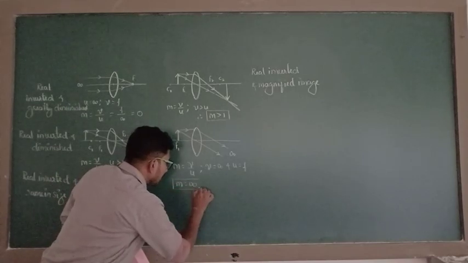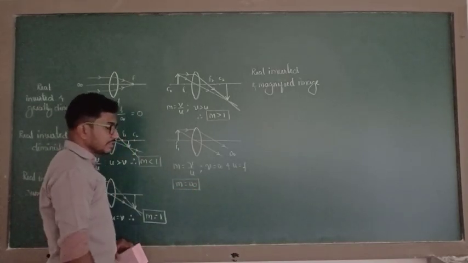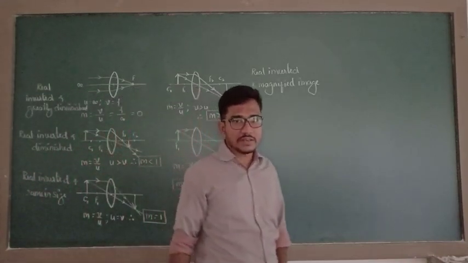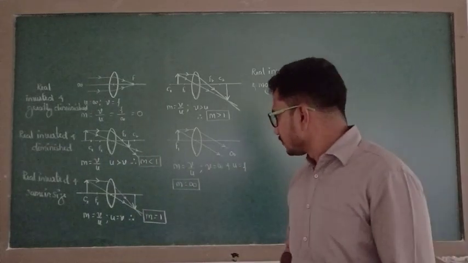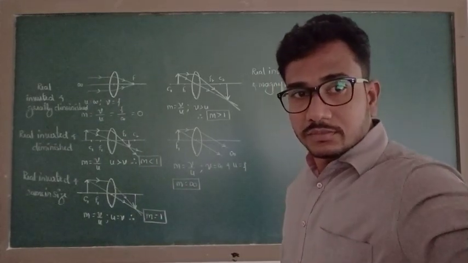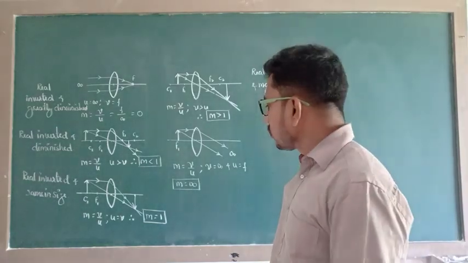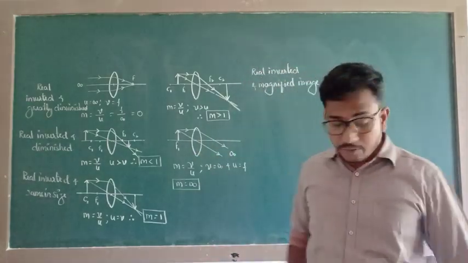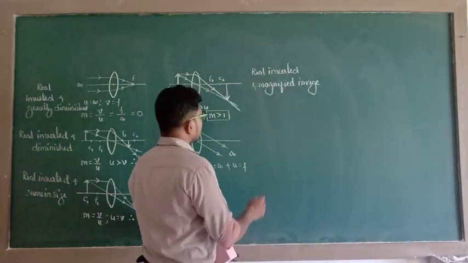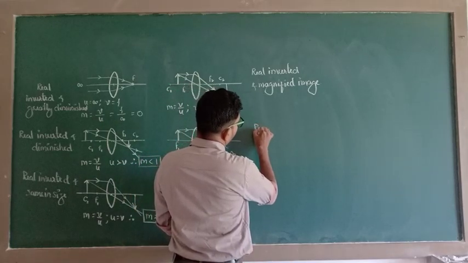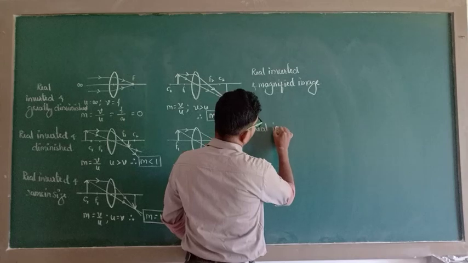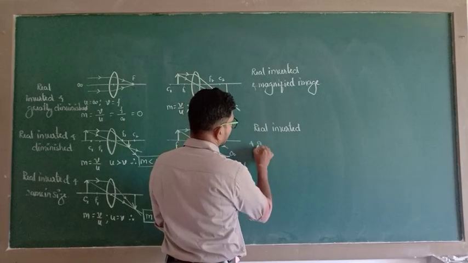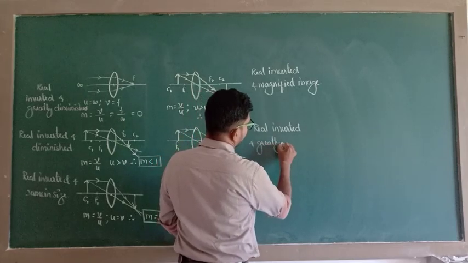So M is equal to infinity means the size of the image is greatly magnified. So here nature: real, inverted and greatly magnified.